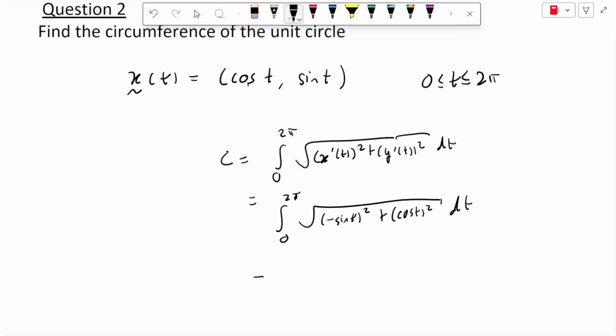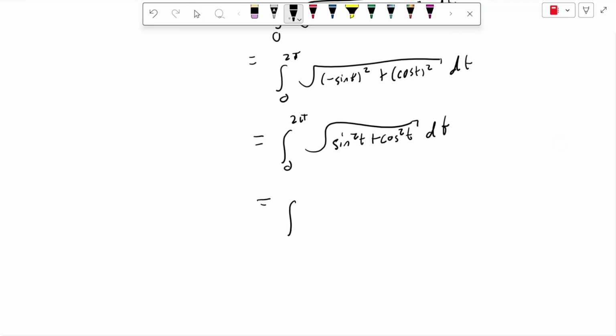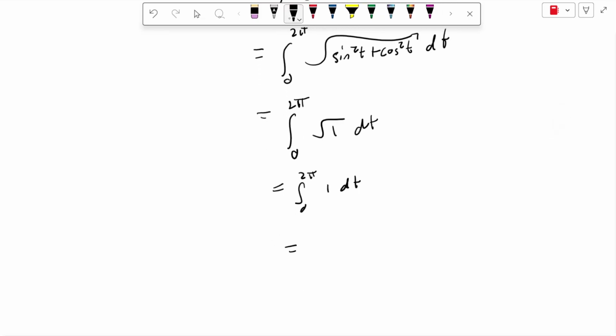And that's going to give us the integral from 0 to 2 pi of the root of sine squared t plus cos squared t. One of our favorite identities, the thing under the square root there equals 1. We're trying to integrate 1, and the integral of 1 is t.